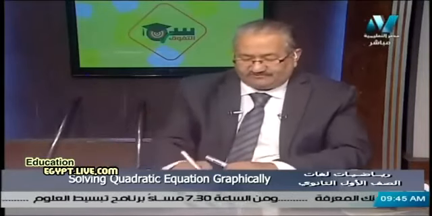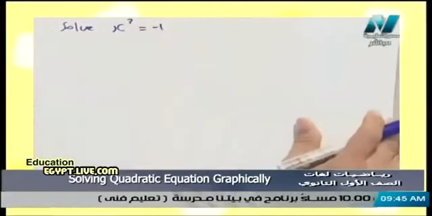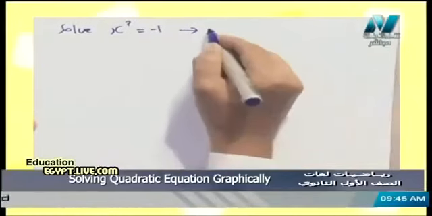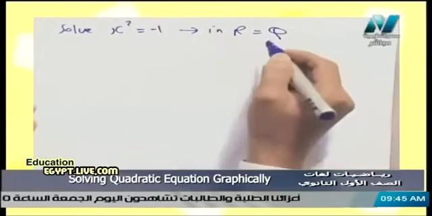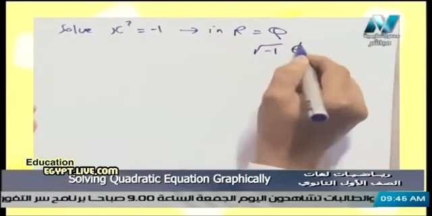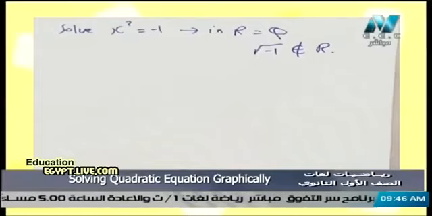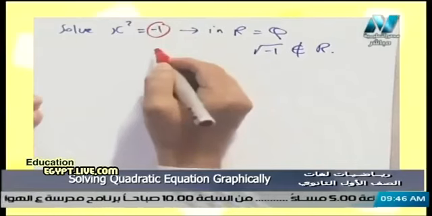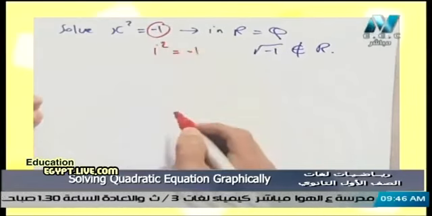We have to solve the equation x power 2 equals -1, but in fact its solution in R equals phi, because square root of -1 doesn't belong to R. So the mathematicians came up with a new definition, which is that -1 is i power 2. i power 2 equals -1.